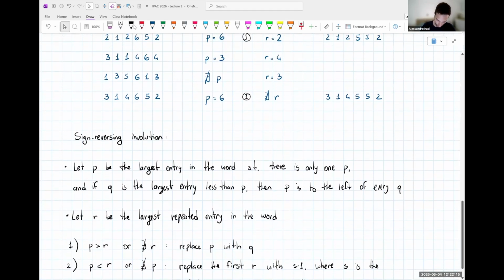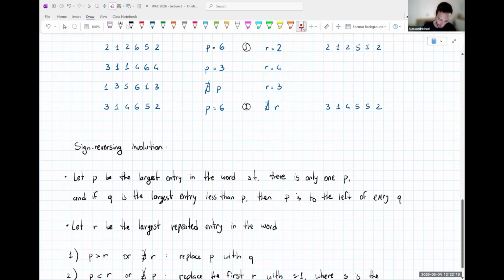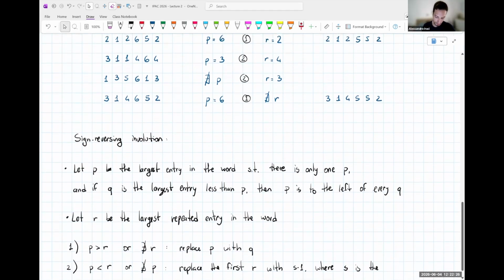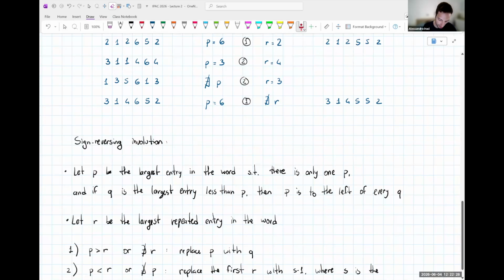So this is happening here and here. P is smaller than R, or there is no P. So we take the first occurrence of R, which is the largest repeated label. Here it's 4, here it's 3. We look at the smallest thing that's greater than R. So in this case, here's 6, here's 5.